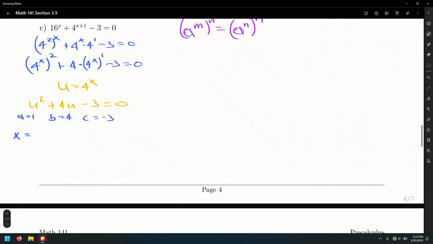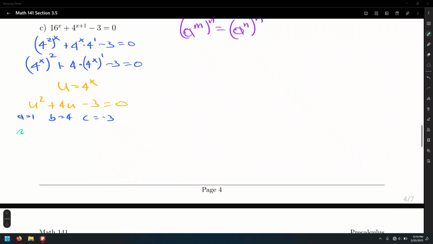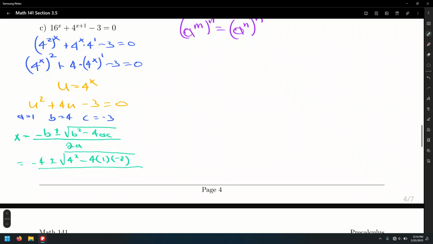So x equals, let me use a different color actually, minus b plus or minus the square root of b squared minus 4ac, the whole thing divided by 2a. In this case, minus b is -4 plus or minus the square root of 4 squared, minus 4 times the quantity a, which is 1, times -3, which is the quantity c. All this madness inside of the radical, and that whole thing divided by 2a, which is simply 2 times 1.